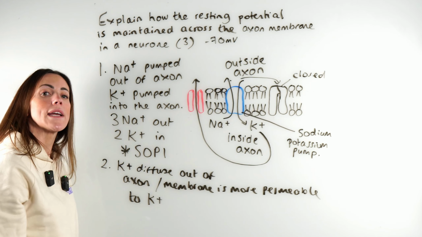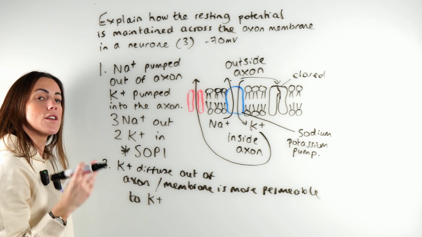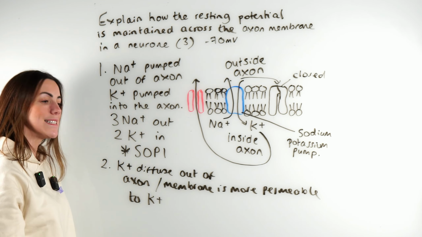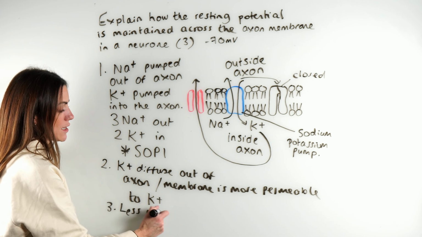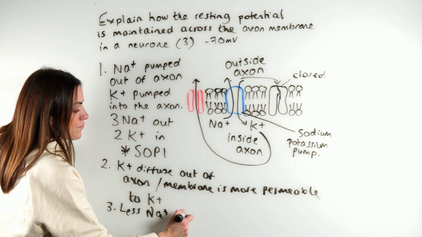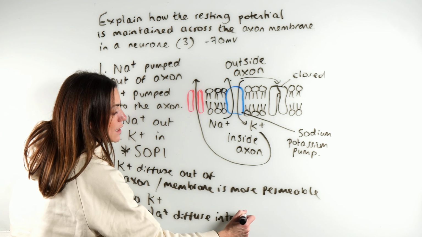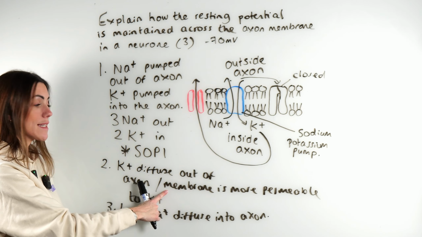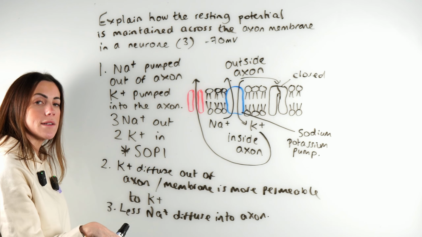Most of the sodium ion channels are closed, so far fewer sodium ions will diffuse back into the axon. So less sodium ions diffuse into axon. Or you could say the converse of this, which is the membrane is less permeable to sodium ions.